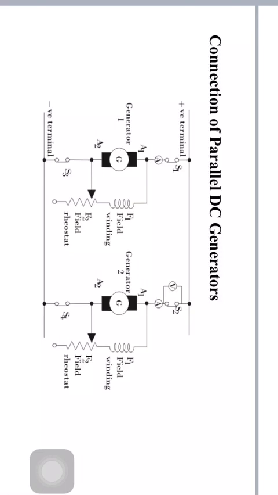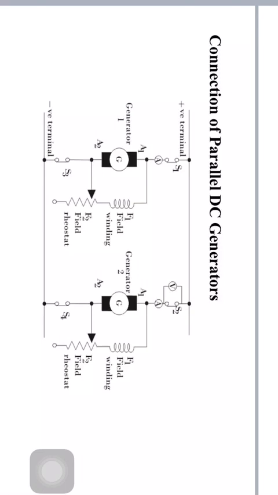So what is the procedure for how we will connect generator 2 in parallel? First, the prime mover of generator 2 is brought up to the rated speed, and switch S4 in the field circuit of generator 2 is closed.